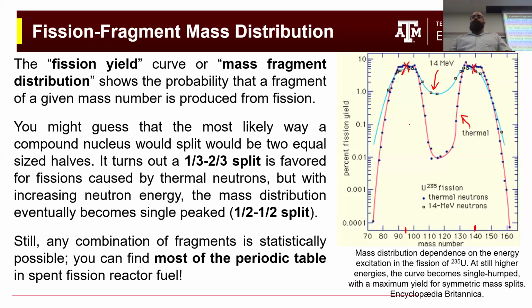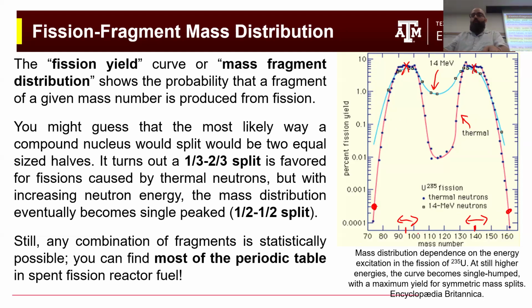So it's important to recognize that this is a distribution. Even though these mass numbers are more likely to come out of fission, that doesn't mean that other nuclei can't come out. You can still get nuclei over here. You can still get nuclei over here. They're just much more or less probabilistically to occur.